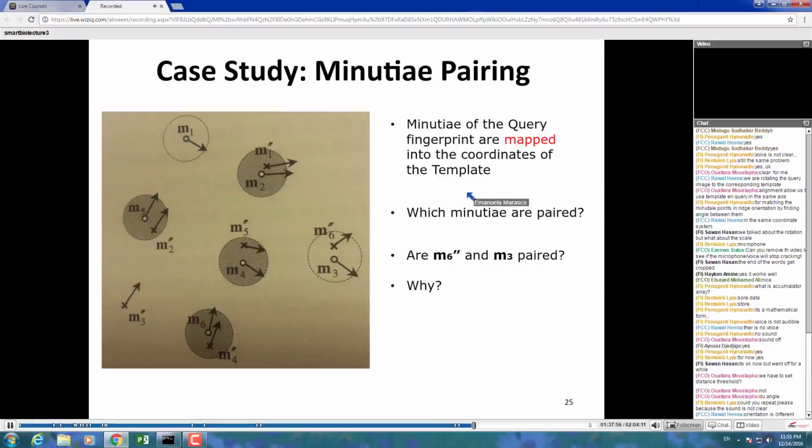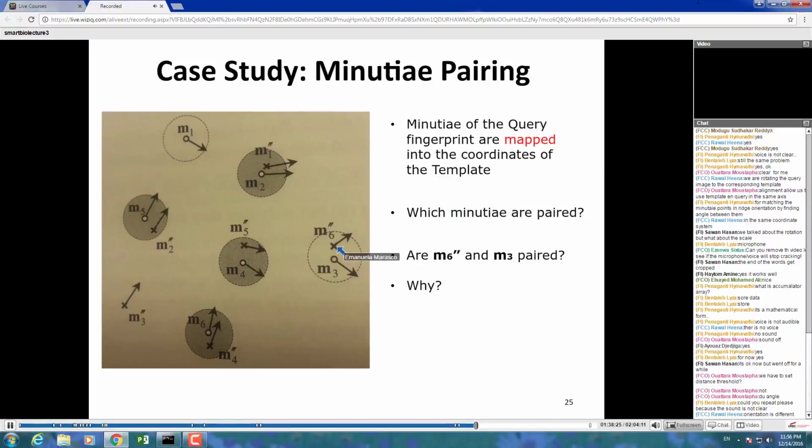That's why we don't pair. So which ones are the paired minutia? Give me the numbers.